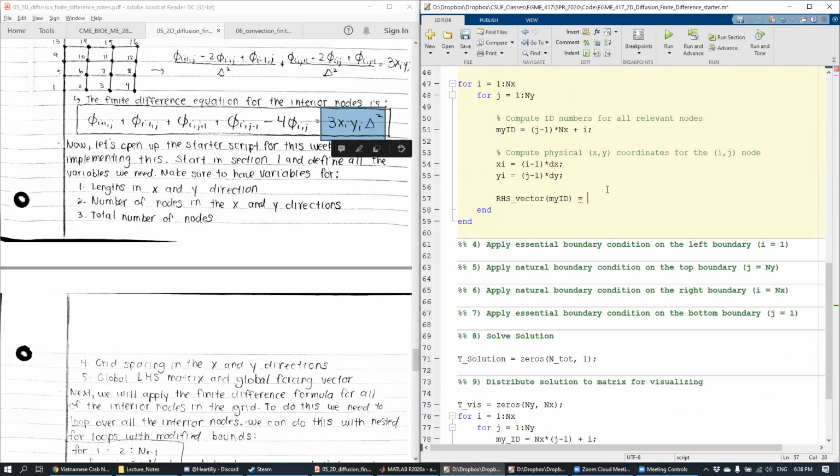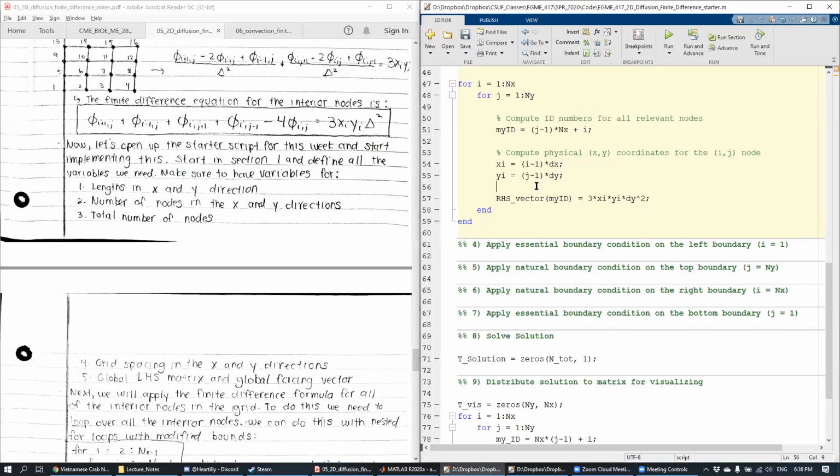And so then from here, we're just going to implement the equation. So we're going to have 3 times xi times yi times the grid spacing squared. So you can either do times dx squared, or you can do times dx times dy, or you can do dy squared, okay? And so all of those are the same because dx and dy we assume are the same in this case, okay?